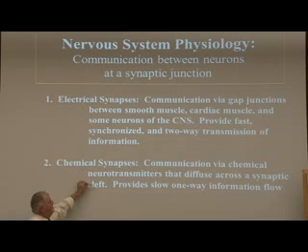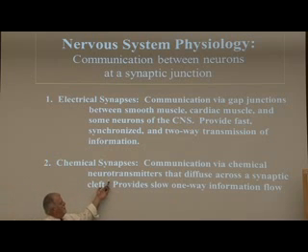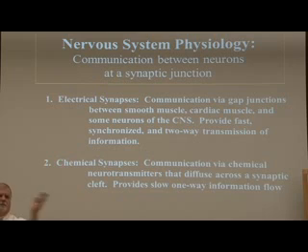Chemical synapses, because we're releasing a compound that moves by diffusion, and diffusion is always from an area of high concentration to low concentration, create one-way flow of communication. So we use chemical synapses, or we use neurotransmitters that move by diffusion as an effective mechanism, but it creates one-way flow of information. So the information is always going to flow from neuron A to neuron B, and not vice versa.